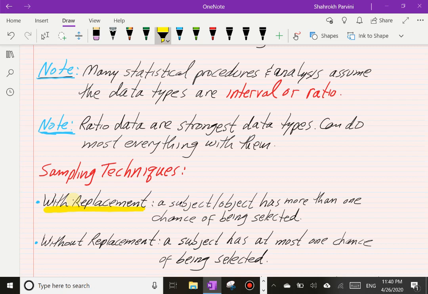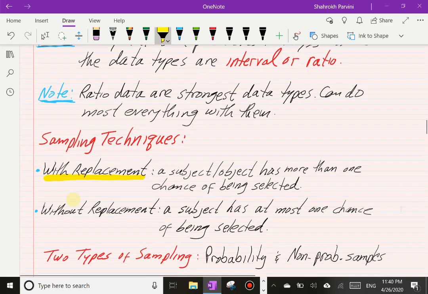So if a procedure requires that the percentage in the population should stay at a certain level, then the sampling is done with replacement. But in reality, seldom we do that. We actually do sampling without replacement. Most every time, that's the usual sampling scheme.